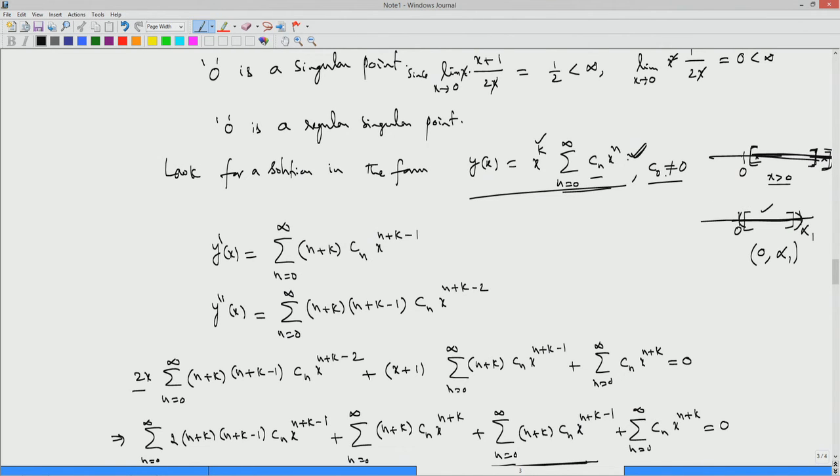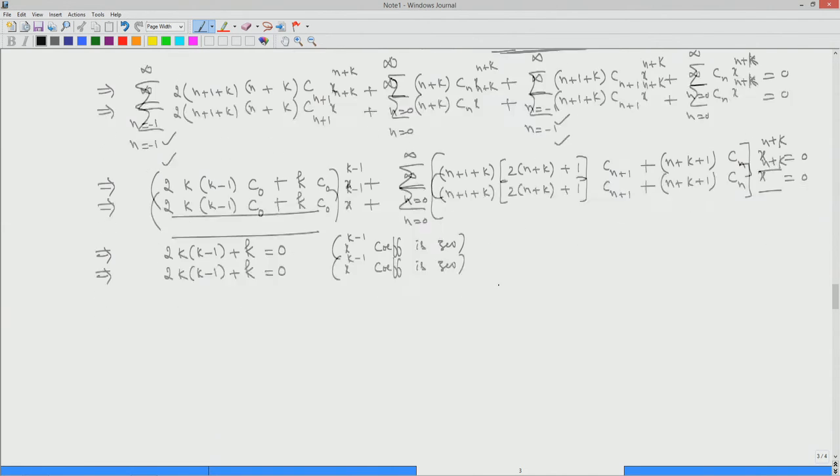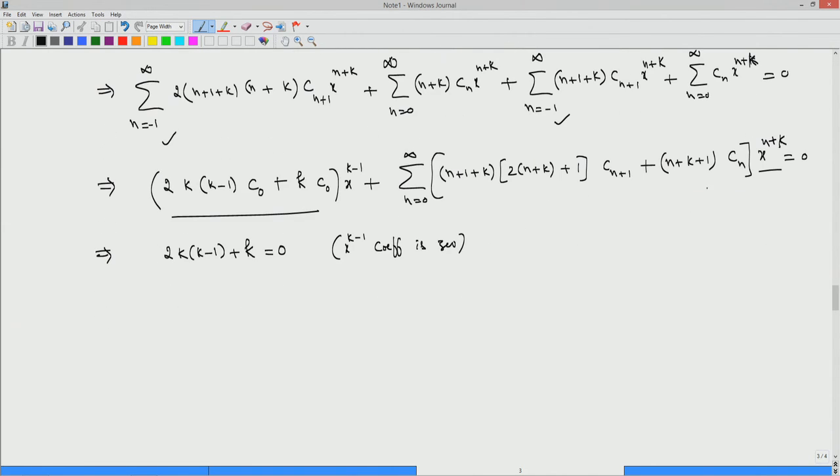Instead, if c_0 is 0, you will have x^(k+1); k is unknown, so k plus 1 is also unknown. It does not matter. So, without loss of generality, you can assume that c_0 is non-zero. Because c_0 is non-zero, you have 2k(k-1) plus k has to be 0 by equating the x^(k-1) coefficient. Next, for x^(n+k), n running from 0 to infinity, you can equate, and that will give you the recurrence relation.